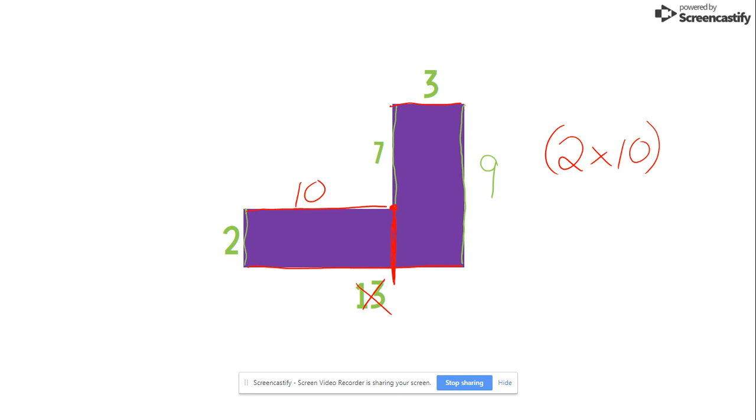And my rectangle on the right-hand side, I see that I'm going to use a 3 at the top. And since this 9 is talking about the length of the entire rectangle, I would also use that number. So 3 times 9. And I would add those two rectangles together to find the entire area for my original shape.